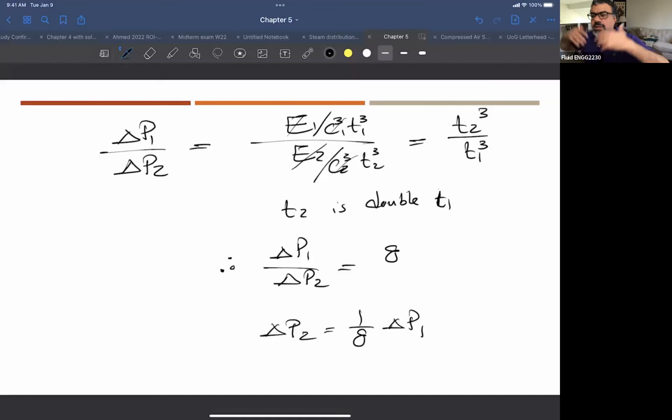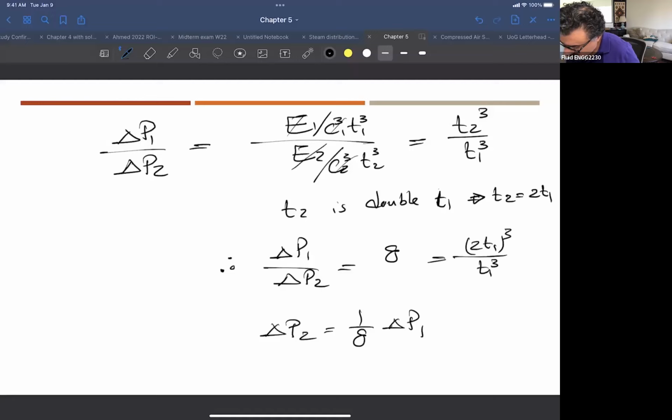The more we double the time, the bigger the decrease of this pressure. T2 is double T1, so if you put this, it's going to be 2 T1 cubed over T1 cubed, that is basically 8.